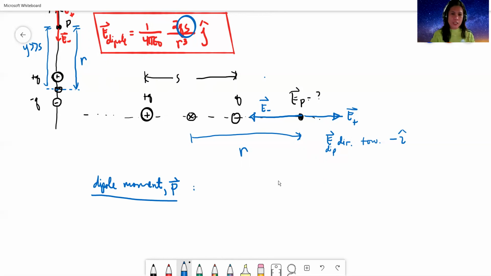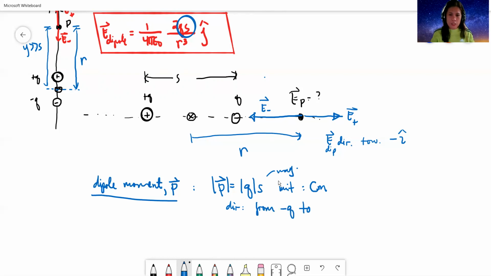So if we get the magnitude of the dipole moment, it's the magnitude of the charge of the dipole times the separation. So our unit would be coulomb times meter. Ayan. And then the direction, since this is a vector quantity, so this is the magnitude. And then the direction is always drawn from the negative charge to the positive charge, along the axis pa rin.